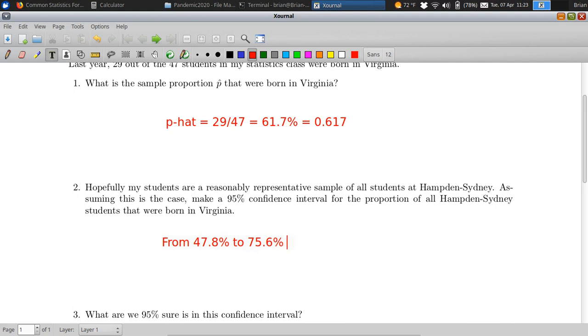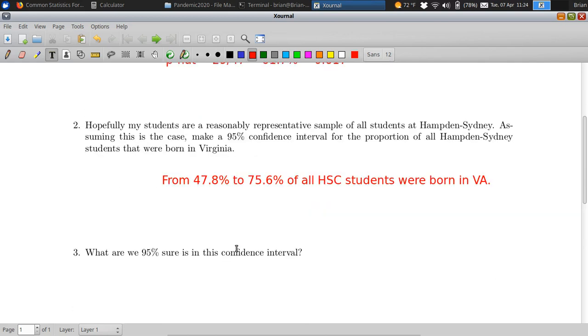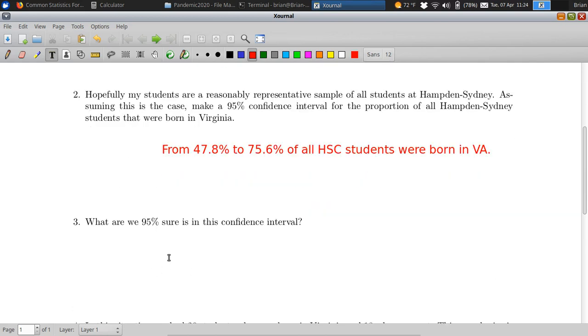Okay, so let me say that. Between 47.8 and 75.6% of all HSE students were born in Virginia. All right, I'm 95% confident that that's true. And that's pretty much the answer here, right?